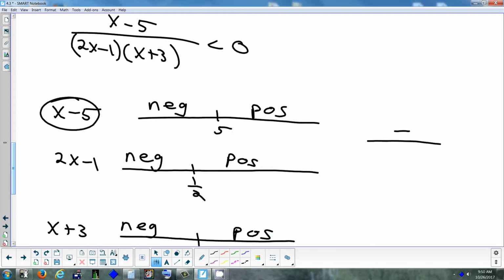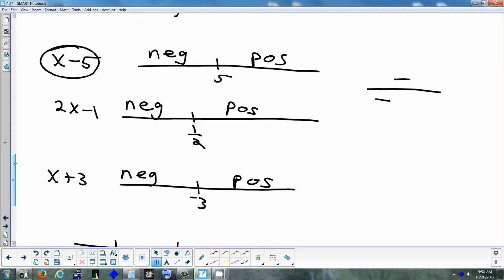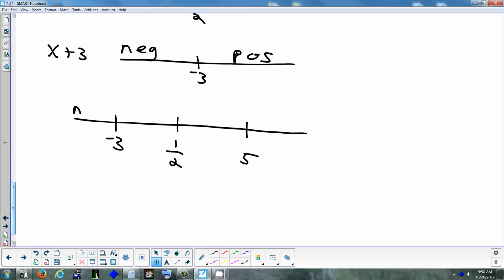What if I do less than negative 3 in the first one in the bottom? A negative. And what if I do less than negative 3 for the second one in the bottom? A negative. What's a negative times a negative? Positive. And what's a negative over a positive? Negative.